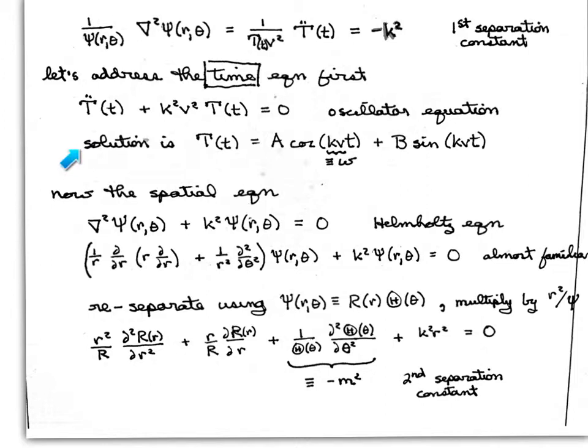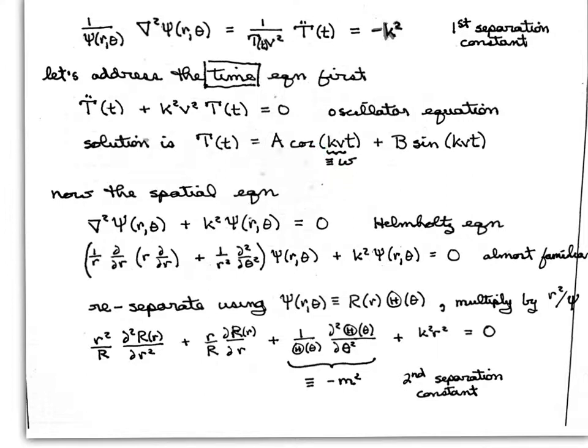And the solution is simply in terms of cosines and sines. And we note that this k times v must actually be, in combination, a frequency variable with dimensions of 1 over time.